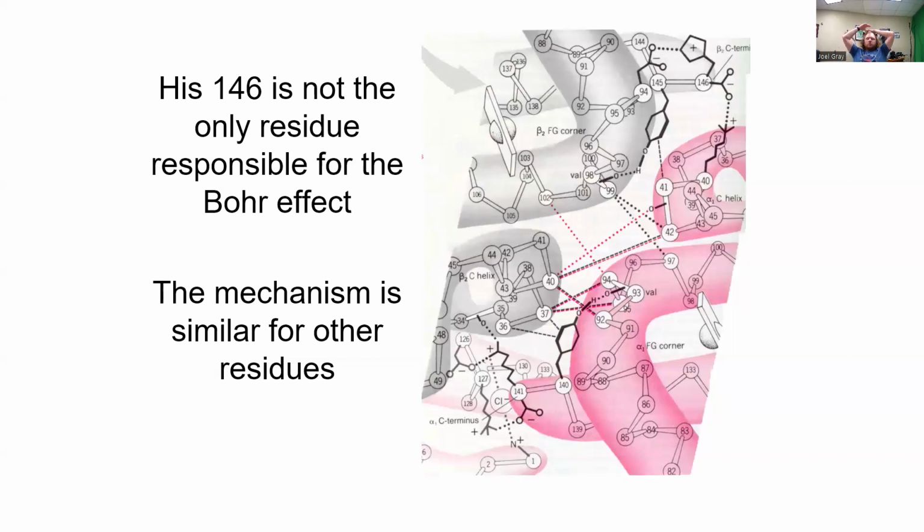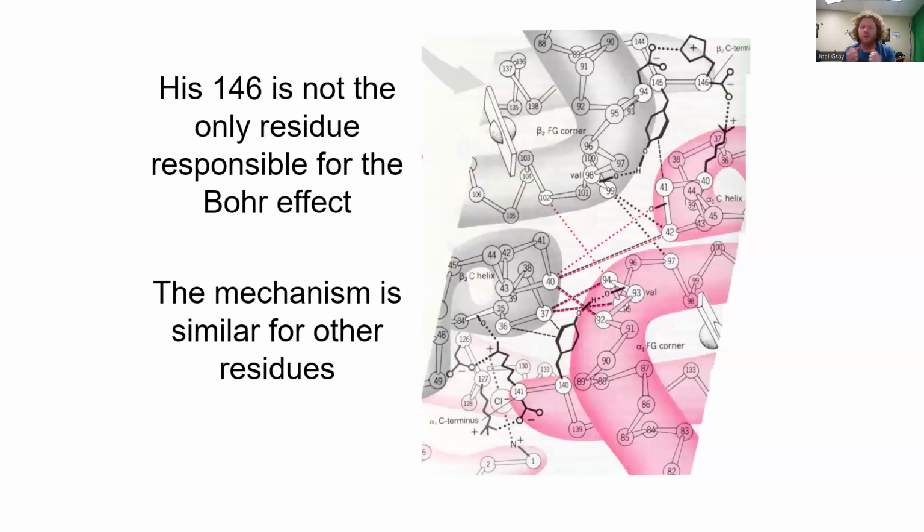Ultimately, the interactions between different residues and different subunits are what stabilize this protein structure. And anything that favors the T state forming is going to make it harder to transition from the T state to the R state. Therefore, your P50 is going to go up.